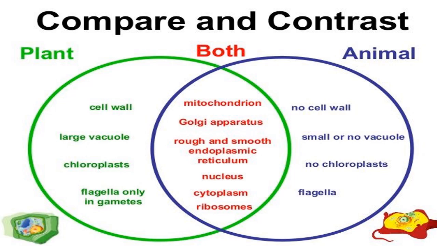Okay, what are the common organelles found in both plant and animal cells? Mitochondria, Golgi apparatus, rough and smooth endoplasmic reticulum, nucleus, cytoplasm, and ribosomes.